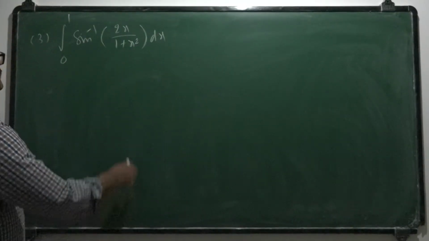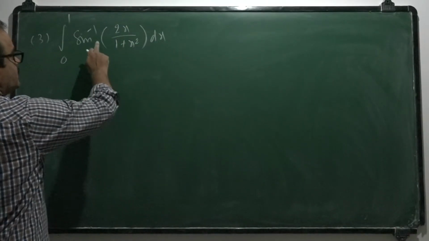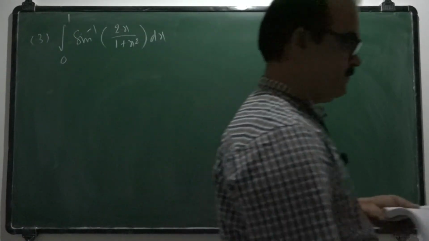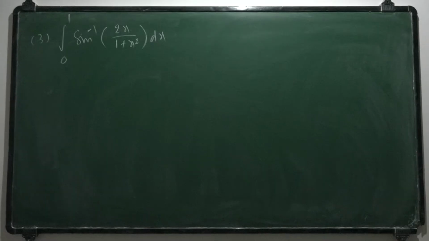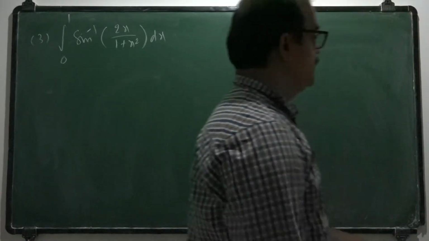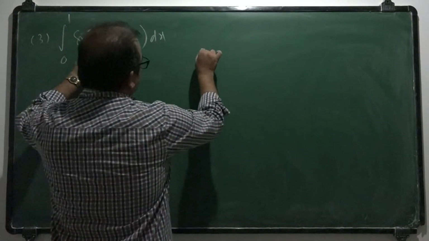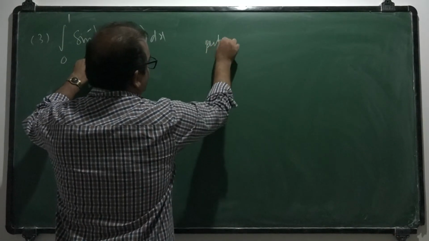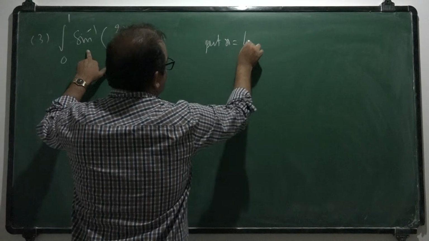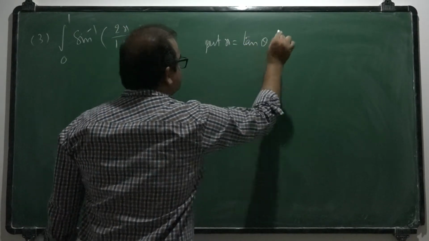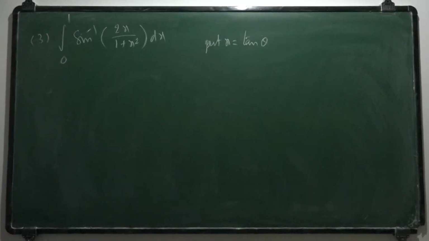See here, first we want to remove the inverse function. By using trigonometric substitution, you put x is equal to tan theta. Put x is equal to tan theta.